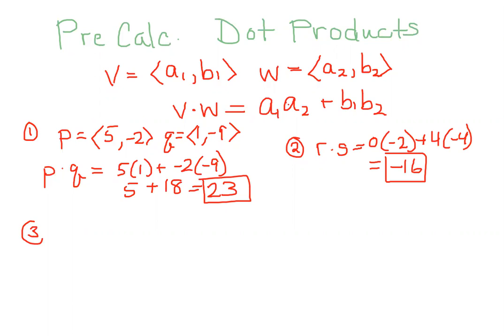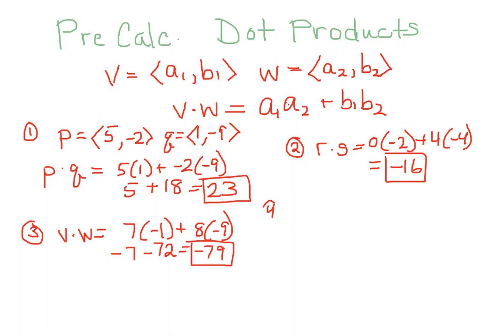Number three, V dot W is, now these vectors aren't written in component form, they're written as a linear combination of i and j. So it's going to be 7 times -1 plus 8 times -9, which is -7 minus 72, -79.